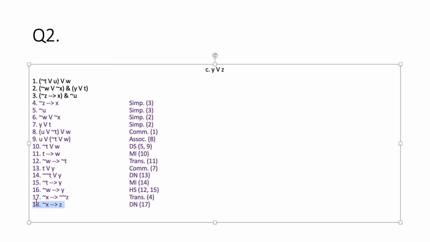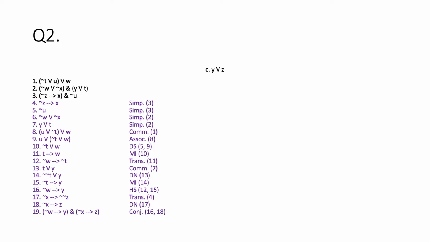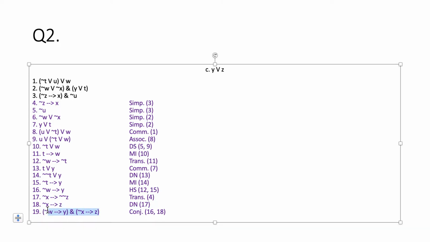Now I have 18, this conditional, and 16, this conditional. If I make a conjunction of these two conditionals, so conjunction 16 and 18, now I have the materials to do constructive dilemma with 19 and 6. 6 is a disjunction of the antecedents that I have down here.